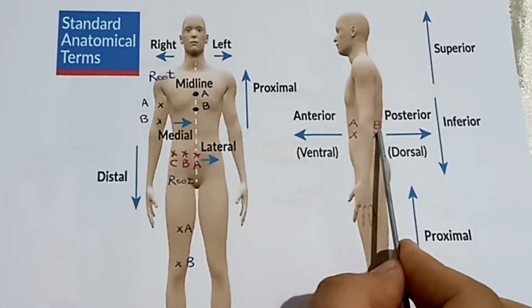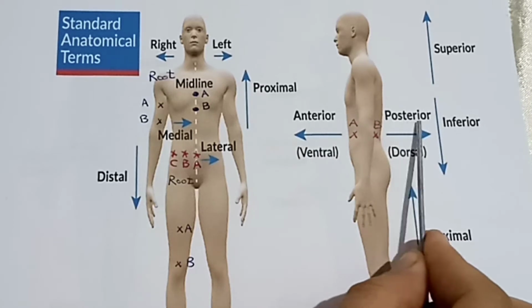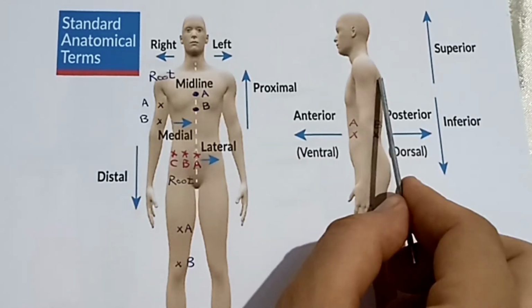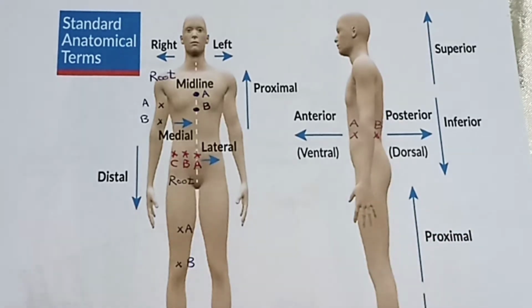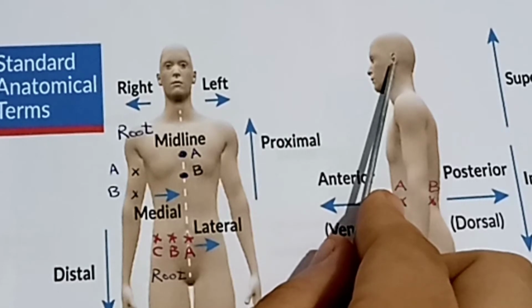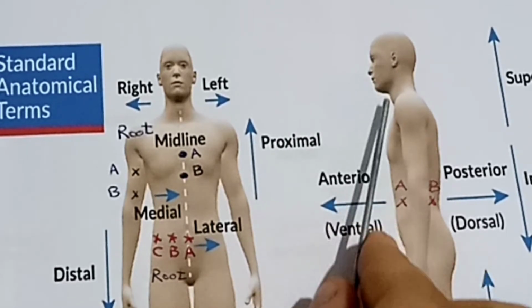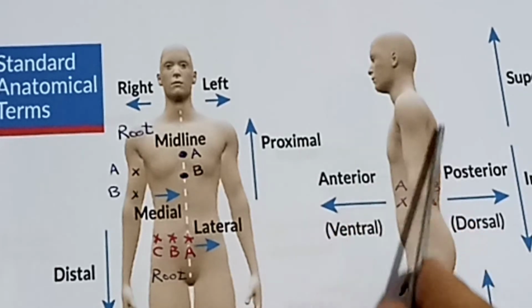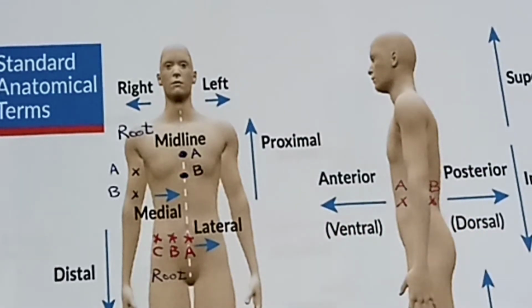And when you describe structure B, you use the word posterior. So posterior means that structure B is close to the back of the body. For example, the nose is anterior while the ear is posterior, as the nose lies in the front of the body while the ear lies close to the back of the body. In the fetus, you can't control his position.